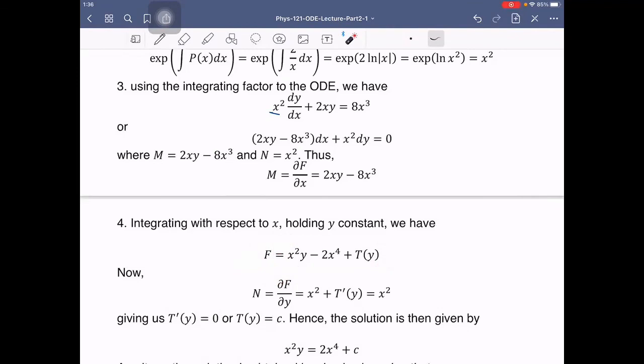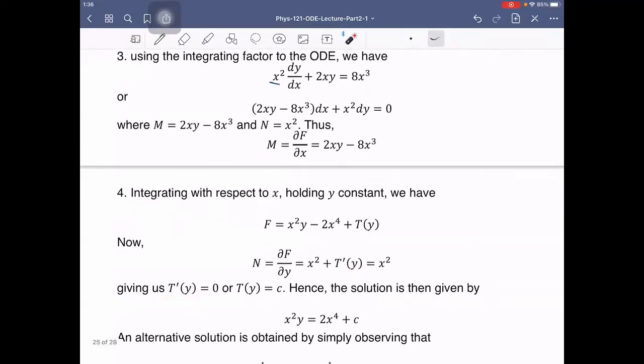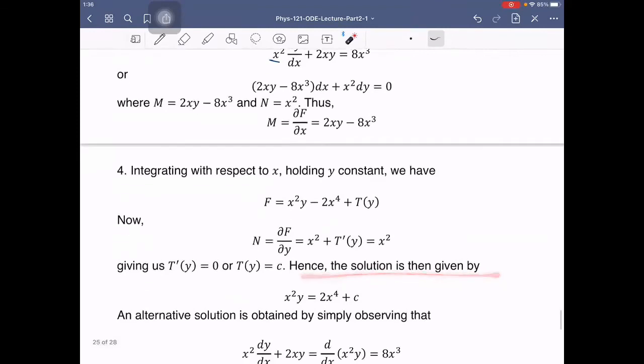So we now have x squared plus t prime of y. And then note that our N is this one, so it is x squared. And by comparison, we can see that t prime of y is 0. So therefore, what function gives you a first derivative of 0? A constant. So we can use constant c. Hence, the solution is given by this one.